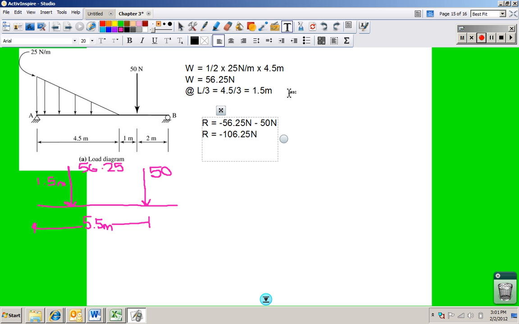So X bar is going to be equal to the sum of the moments divided by R. So X bar is going to be equal to, we've got 56.25 newtons times 1.5 meters.